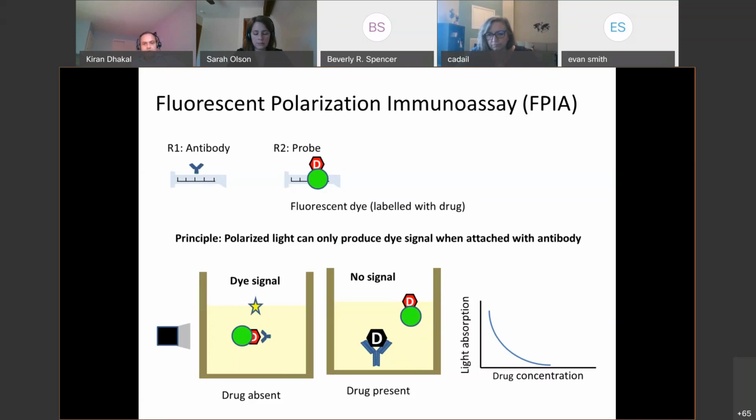And when drug is present, there will be a competition between the probe and the drug present in the urine, and that will render that probe releasing the signal. There will be less light absorption. In other words, the principle is that when antibody combines with the probe, at that time, the polarized light can only produce the signal.